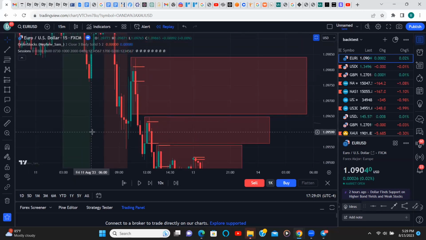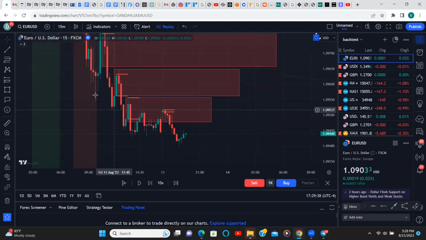Now, if you want to be a trader, you cannot solely rely on this indicator. You can only use this as a tool to help you identify the order blocks faster, and at the end of the day, money loves speed. Like I said, you never want to rely on it because sometimes the order block indicator may not indicate an order block, and it's up to you to be able to identify that order block.